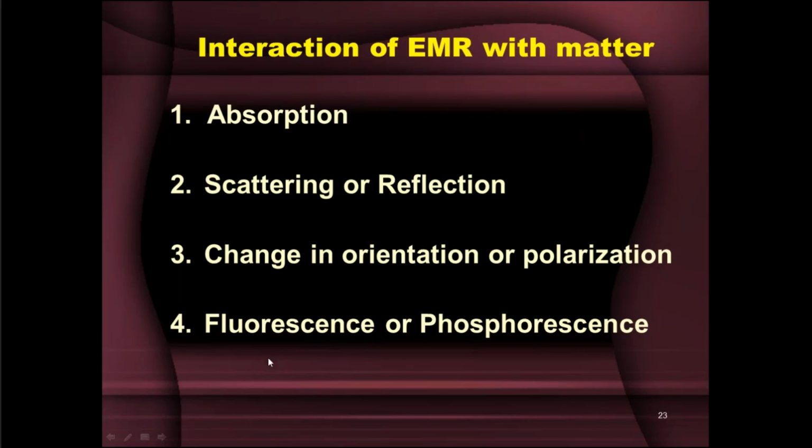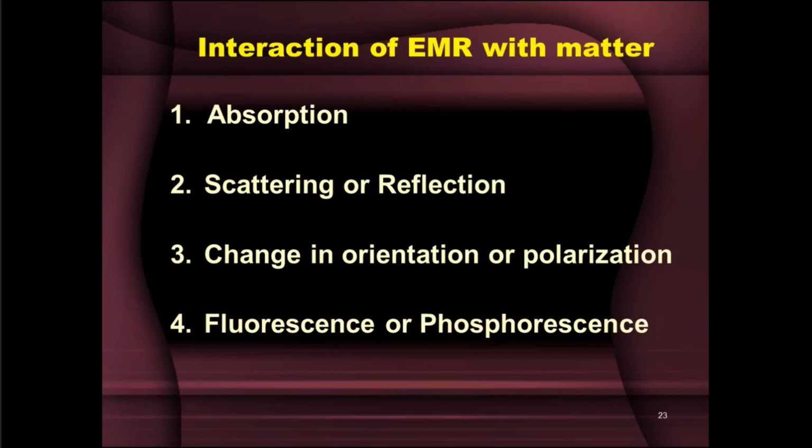Subsequently, you will also be studying each of these. Scattering or reflection occurs when you have, say, biphasic systems like suspensions, emulsions, where the radiation, when it falls on the suspended medium, gets scattered or reflected depending upon the wavelength of radiation and the dimensions of the scattering particle. You could also have change in orientation of light if you have optically active compounds, so dextrorotatory or levorotatory compounds.